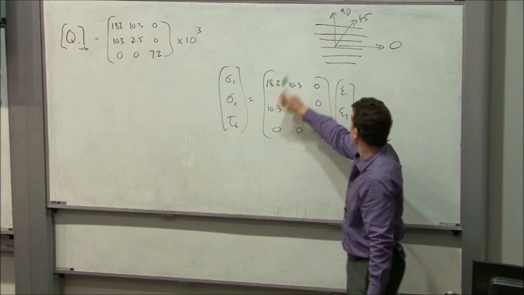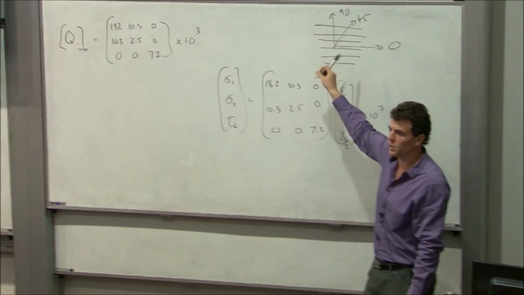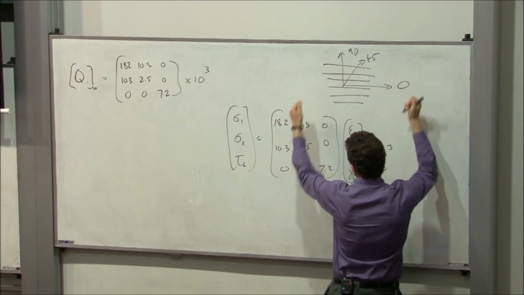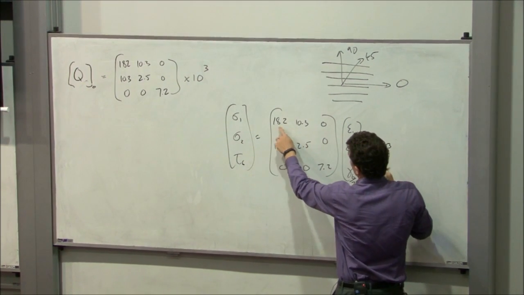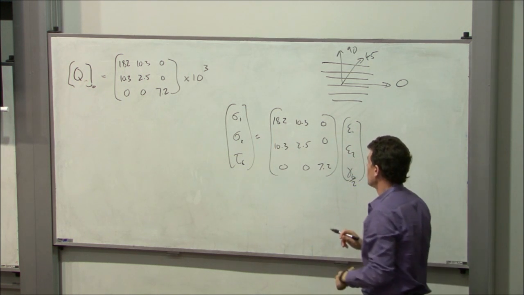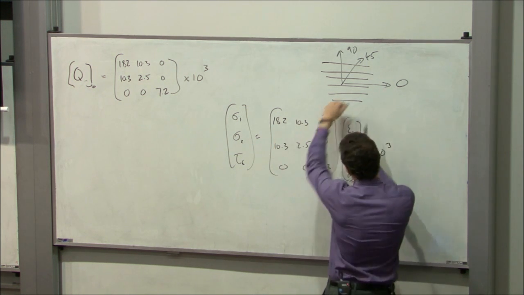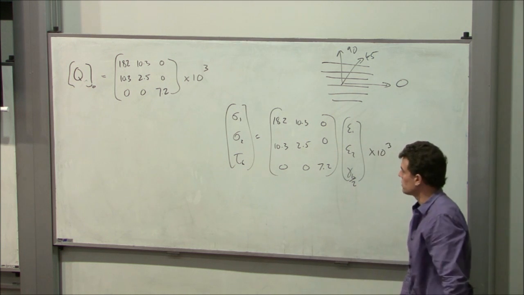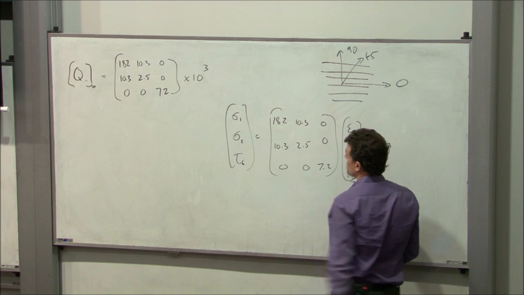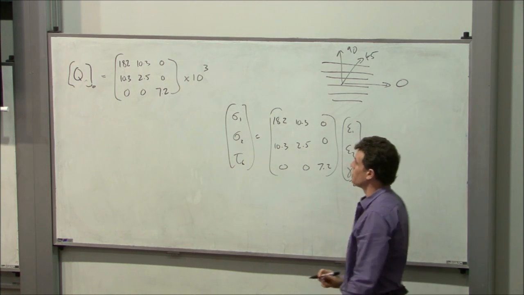So it's the big term because it's got all the fibres carrying the load. So the stress in the fibre direction is the strain in the fibre direction times this very big number, plus a smaller term depending on the strain in the other direction. So the big one, the one that's contributing most to the stiffness, is the fibre term.